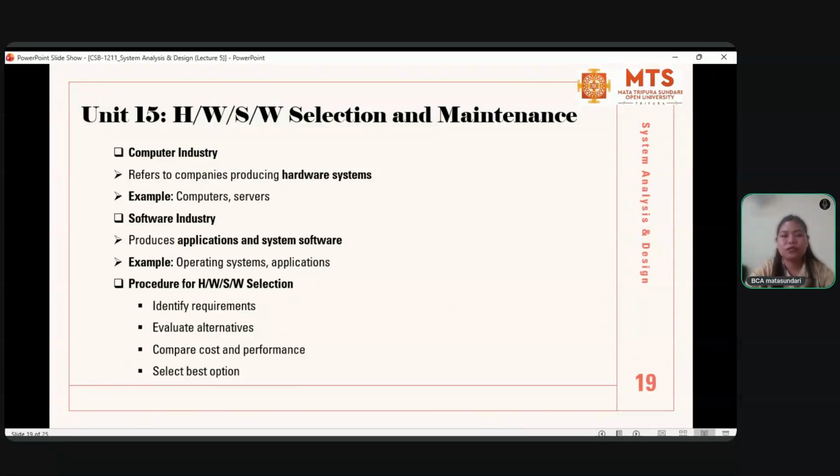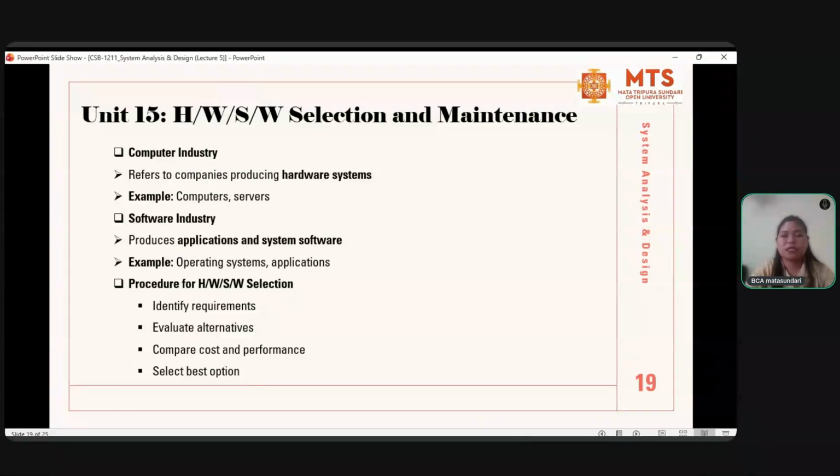The software industry produces application and system software which we use on a daily basis, like applications on our phone, like Swiggy, Zomato for food ordering, and some learning applications like Tutorialspoint. It will be software application.